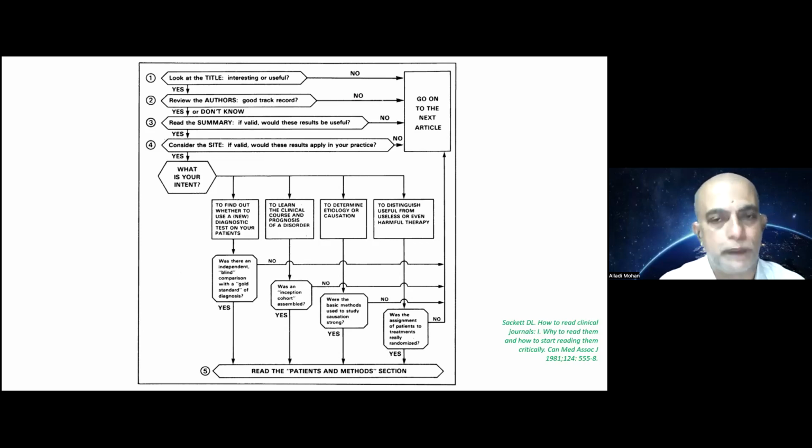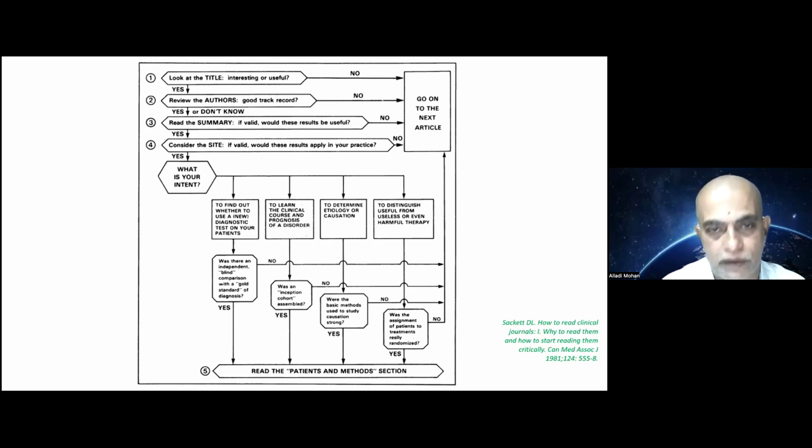So whenever you pick up an article, when the current hard or soft copy of the Lancet or the NEJM comes to you, when you look at the table of contents, how do you start? Where do you start? So look at the title. The title interests you. You look at the authors. And the authors seem to have a good track record. You know that they have a good track record or you don't know.